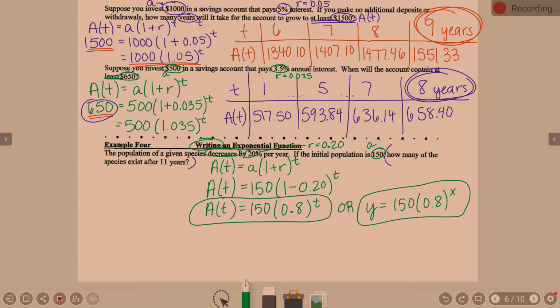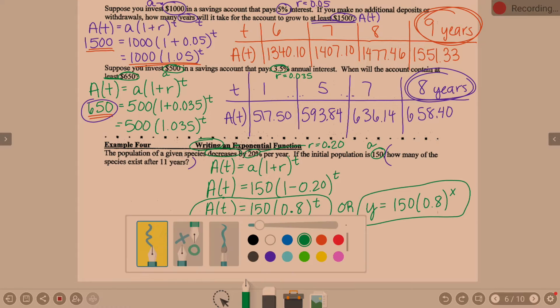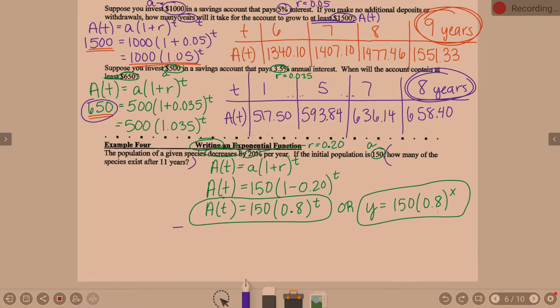I use the t and A of t because that's what the setup in the equation up above was, but this would be another way to write it, using x and y. So that was just a little bit of practice writing an exponential equation to represent a situation.